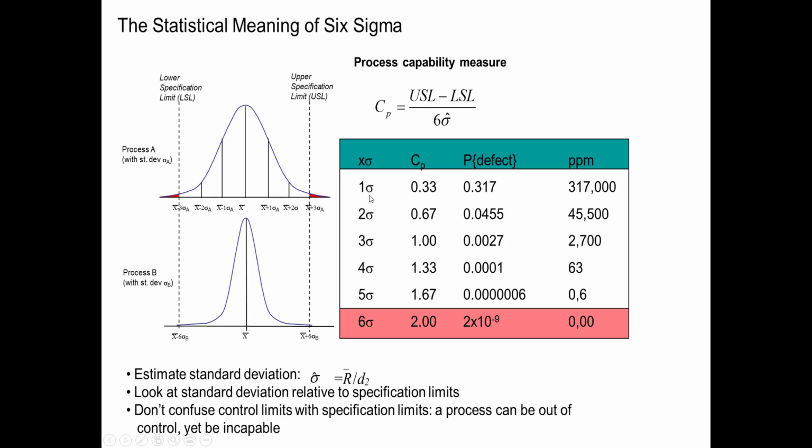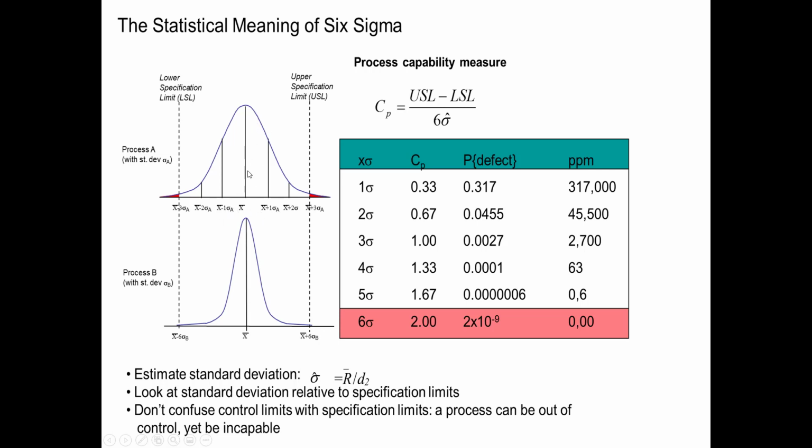This is 1 sigma. 1 sigma means that in 1 million, 317,000 parts will be defective. You can see 31% production will be defective if we consider the production example. This is mean plus 1 sigma, mean minus 1 sigma.